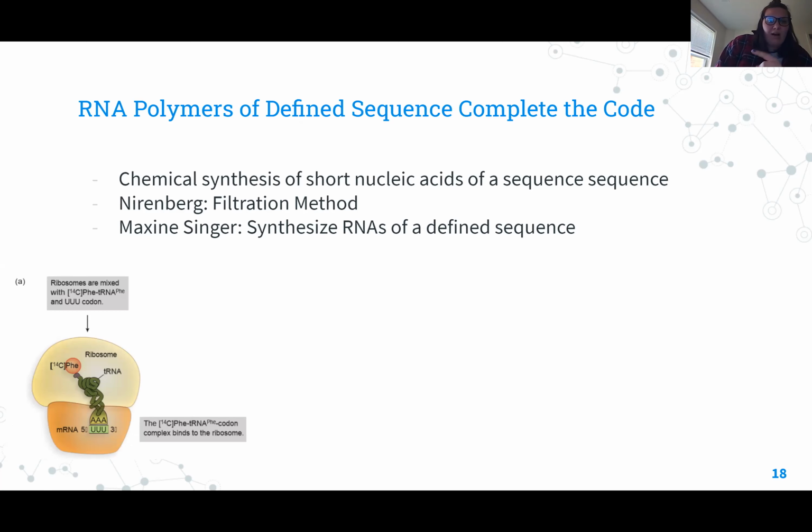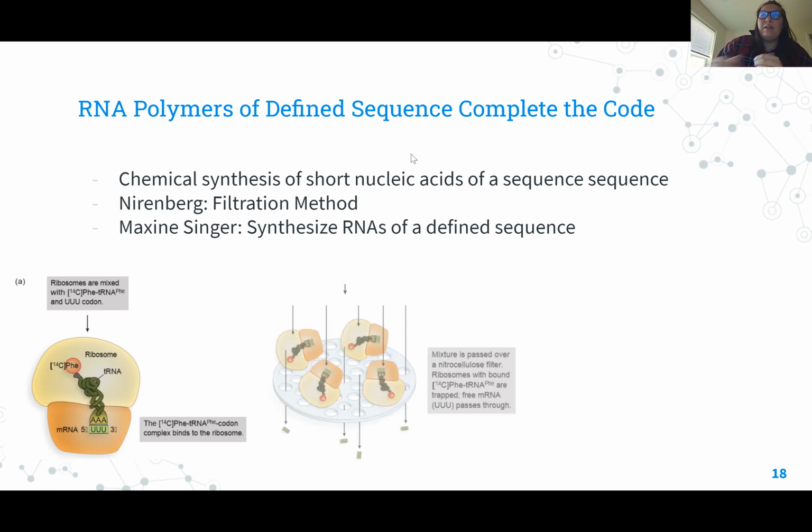But it fell off when he started adding the acid we talked about that forms the precipitate, from that original slide. This acid created the precipitate he tested, but he found that if he didn't add the acid, and instead used a filtration method with a nitrocellulose filter, it would bind the protein, but not RNA.